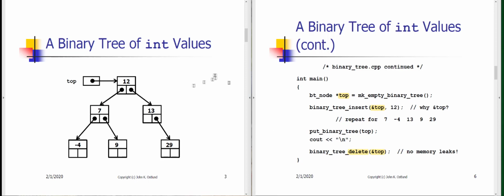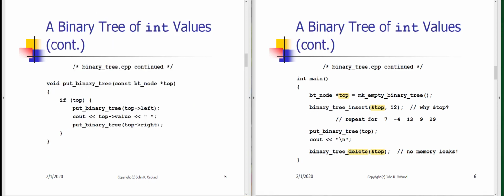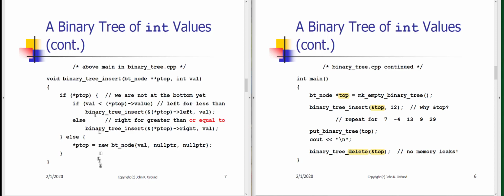All right, now let's take a look at the implementation of this binaryTreeInsert function on slide 7. Here we are. Since the first argument is the address of top, and top is our header node, top is a pointer to a BTNode, the parameter that receives that value, which we're calling ptop, has to be declared as a pointer to BTNode.